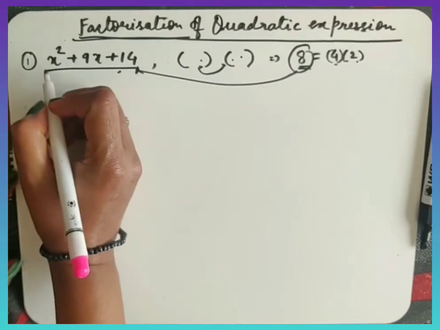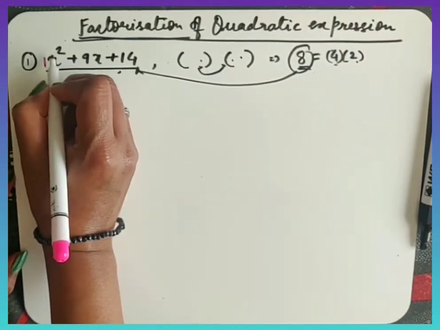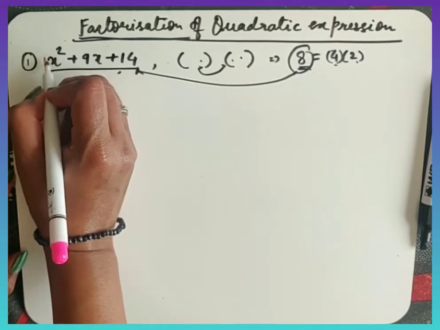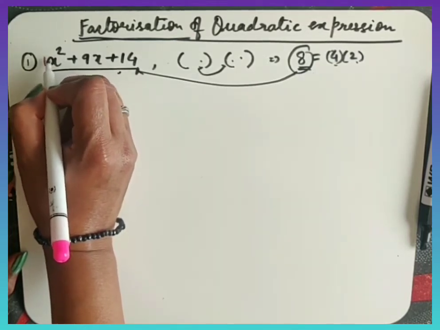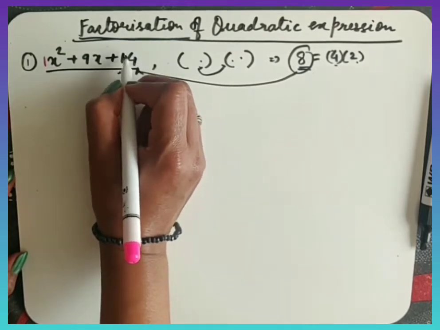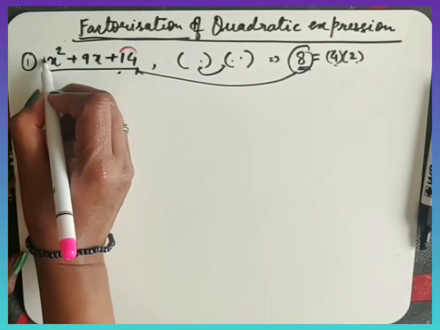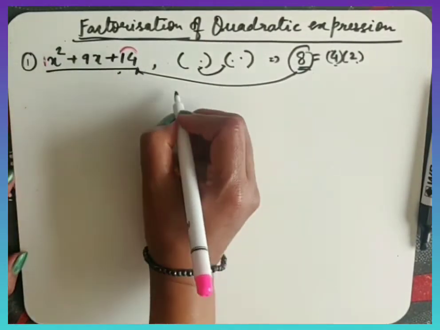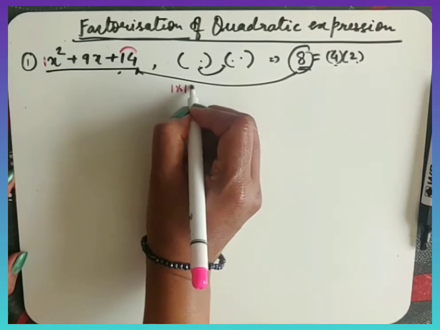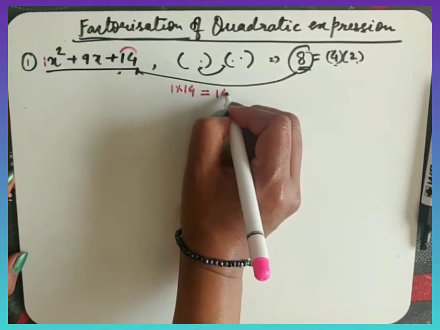First you need to find the coefficient of x square. Here the coefficient of x square is 1, and the last term which has no x, the constant term, is 14. What we will do is take this coefficient of x square and the last term 14 and multiply them. 1 multiplied by 14 will give you 14.